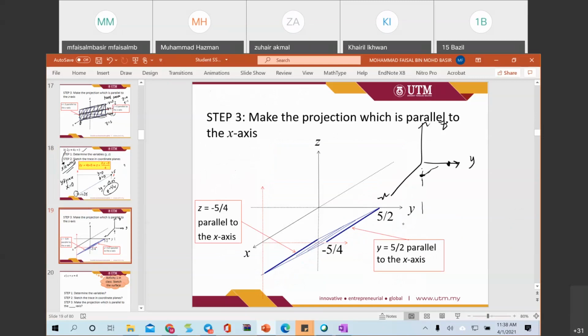So this is the line. Okay, so you have to draw parallel to the x-axis, because x is missing.